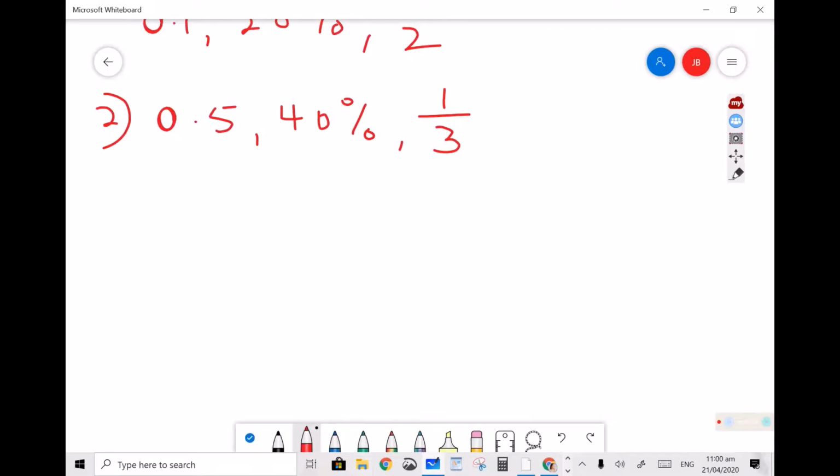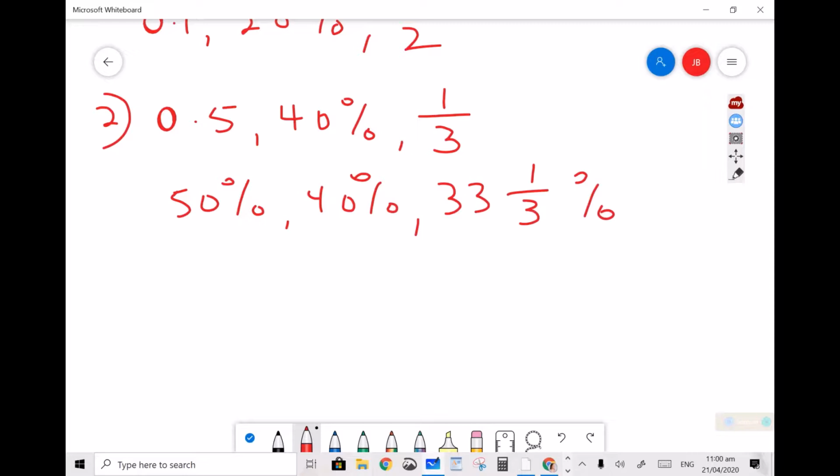Okay, so in looking at this, if I were to convert this into percentages, 0.5 would be 50%, and then I would have 40%, and then a third would be 33 and a third percent. By now I hope that students had memorized their conversions.